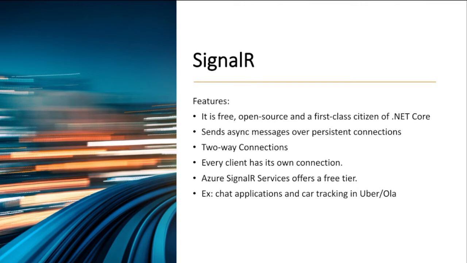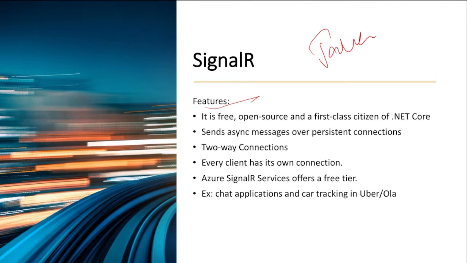Now we can see the features of SignalR. We said earlier that SignalR is nothing but a library. It can use JavaScript frameworks for passing information between the client and server or vice versa.